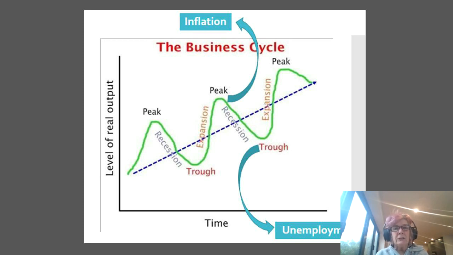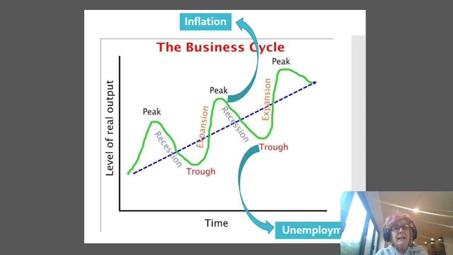But the blue dotted line shows us the GDP trend, and in an ideal world, what every government wants is for its economy to grow in a sustainable way. In other words, governments want their economies to grow in a straight line, like that dotted blue line, because in that way, we lose the peaks and the troughs.